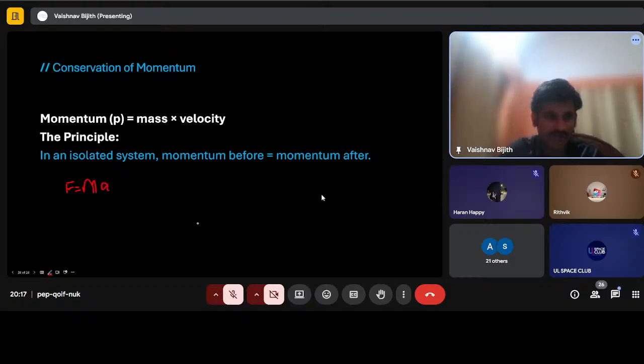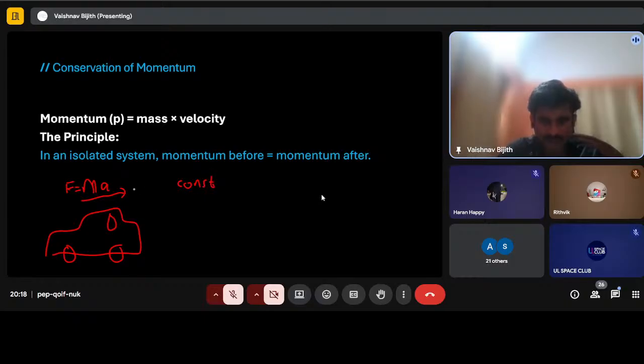Now let's take a scenario where you have a car coming at you at a very high speed. Let's say that the car has a fixed mass, something around 100 kilograms or 150, anything. It has a fixed mass, but it is traveling at a constant velocity. Okay, it has a constant speed.